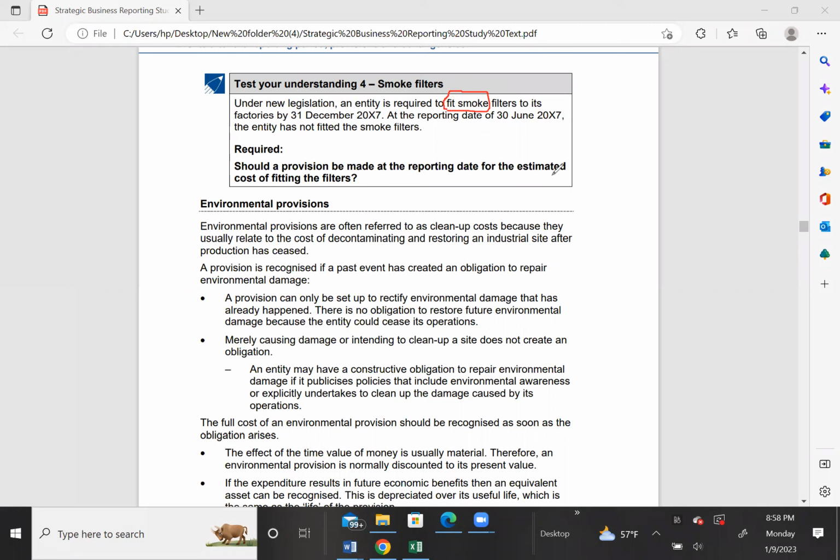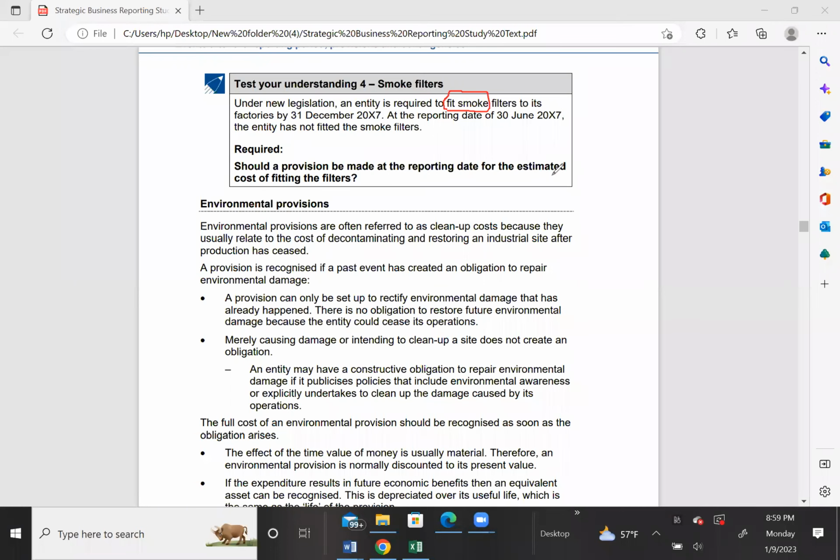For recognizing a provision, there should be a present obligation due to a past event. Do you think that there is a present obligation that we should install smoke filters? I need your answer. No, there is no obligation. Yes, government requires us to install the smoke filters, but we have alternatives.